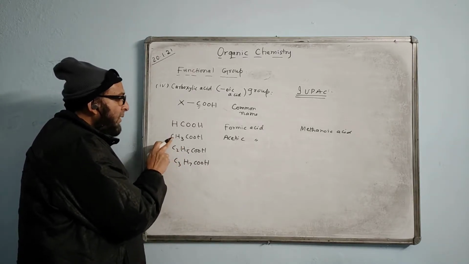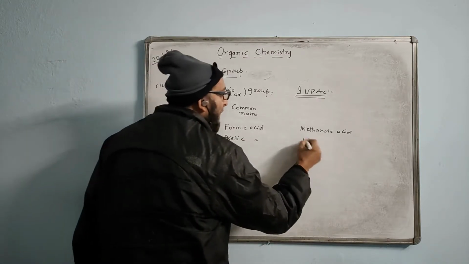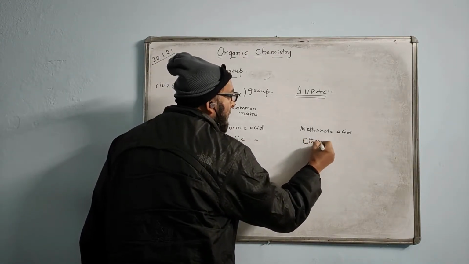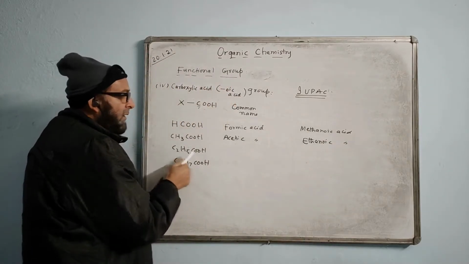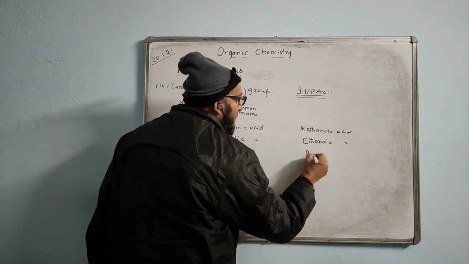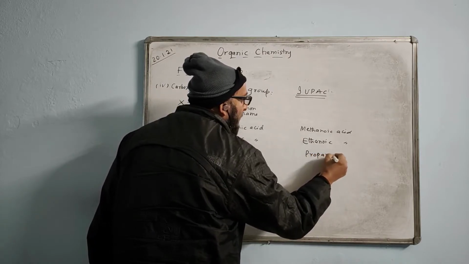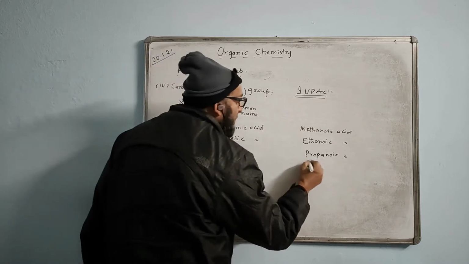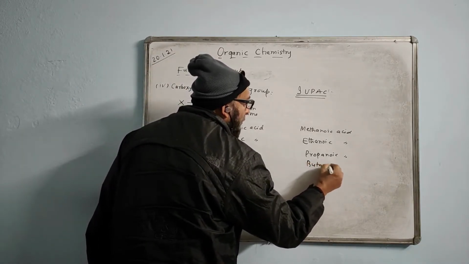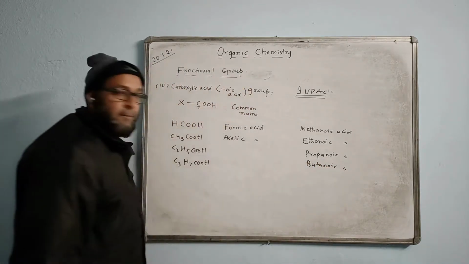How many carbons are there? 1 and 2. We call it ethanoic acid. 2 and 1, 3 is there. We call it propanoic acid. Next one will be butanoic acid, and so on.